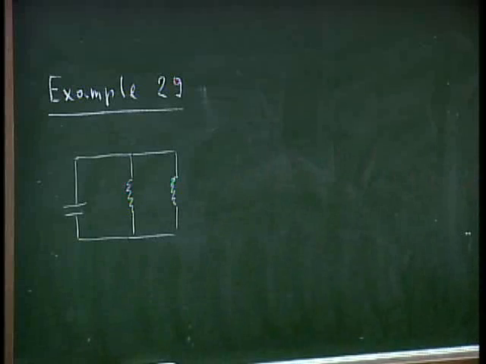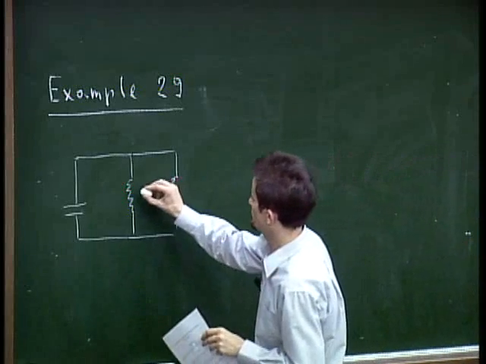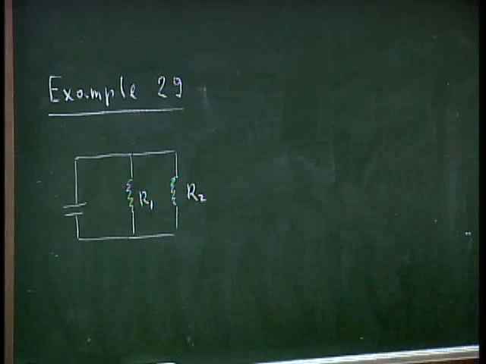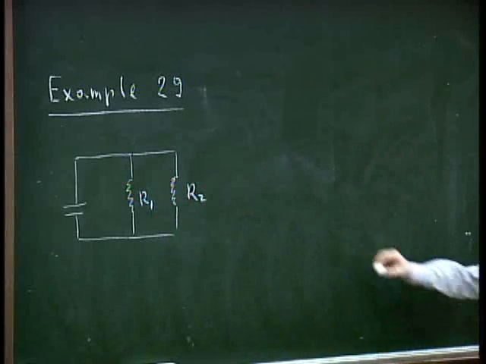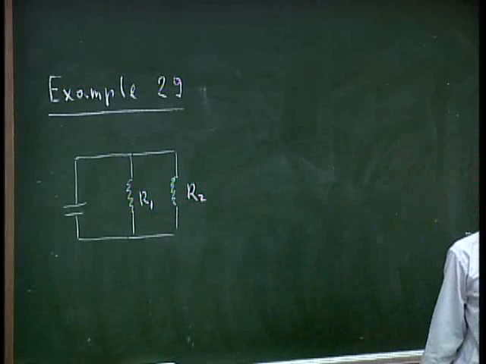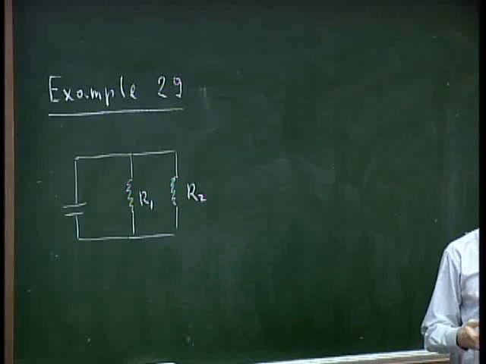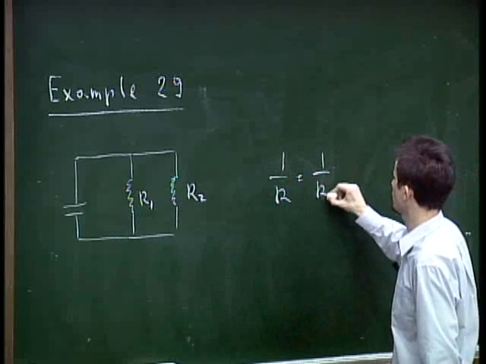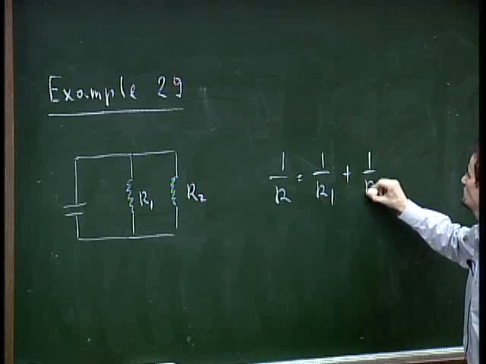This is resistor 1, R1, and this is resistor 2, R2, and you know that there is a relationship: if you want to compute the resistance of the whole circuit, you can do this by the formula 1 over R is equal to 1 over R1 plus 1 over R2.